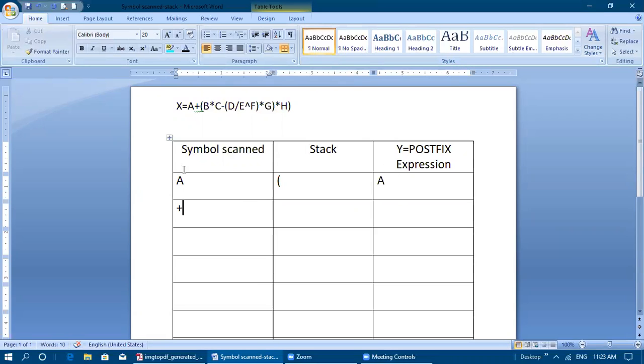So let us write all the symbols we are scanning from here, then we will do it slowly. a plus opening parenthesis b, and then star.